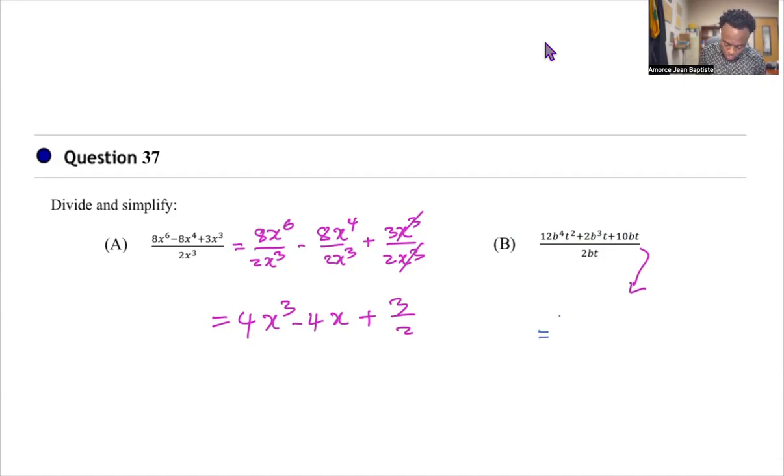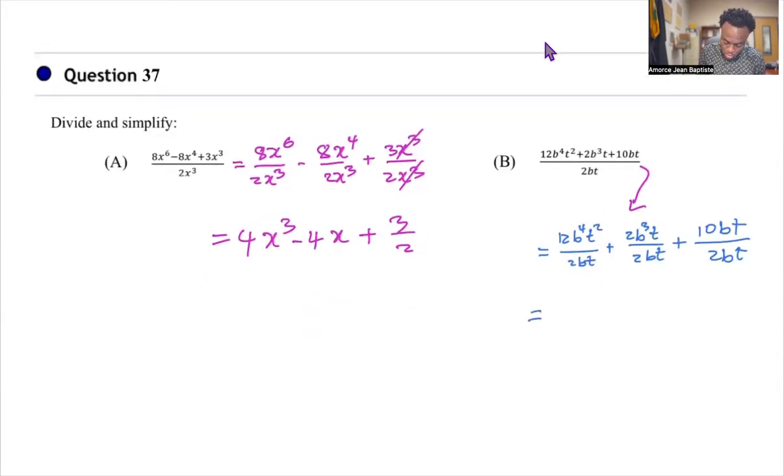We would have 12b^4t^2 over 2bt, plus 2b^3t over 2bt, plus 10bt over 2bt.